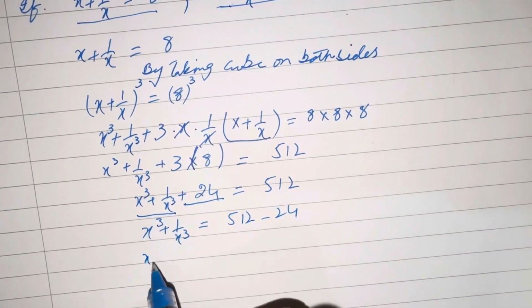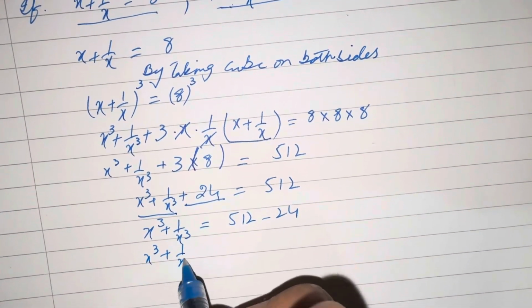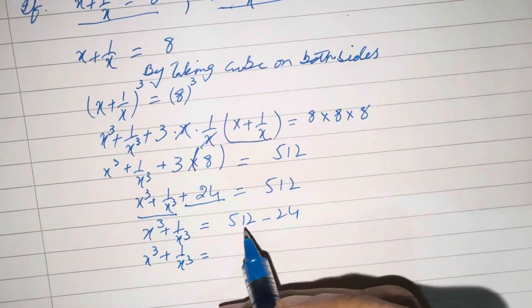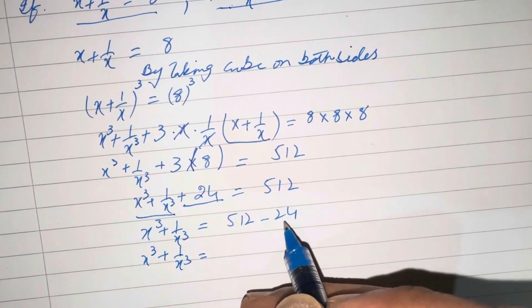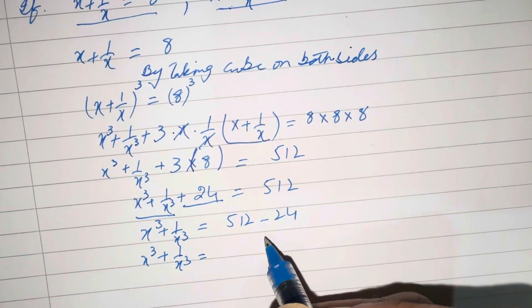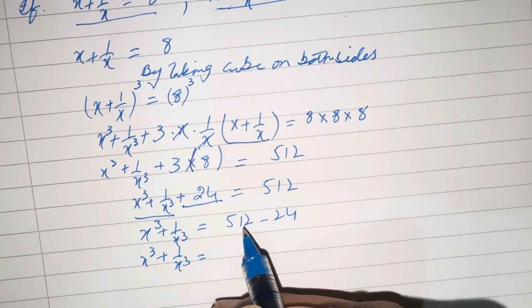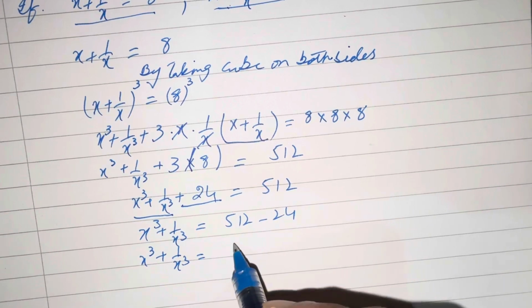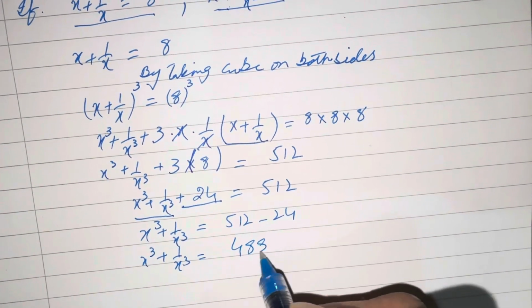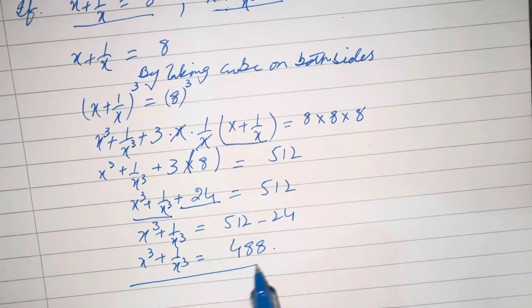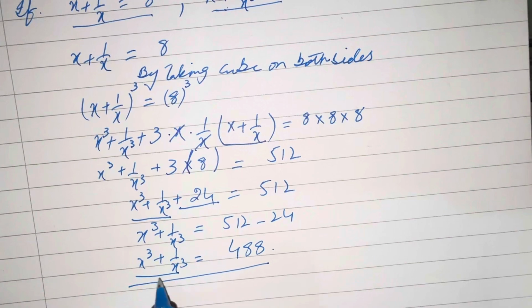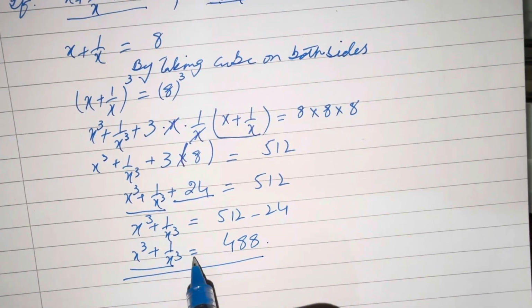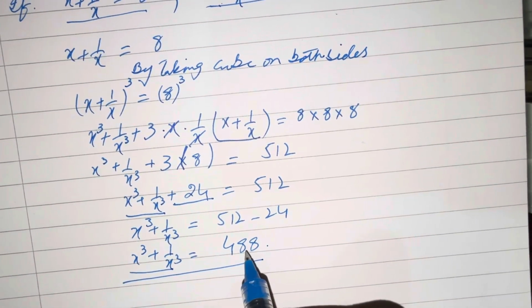So x cube plus 1/x cube, 512 में से 24 माइनस कर देंगे तो आपके पास 488 आ जाएगा. So that's the answer, that x cube plus 1/x cube is equals to 488.